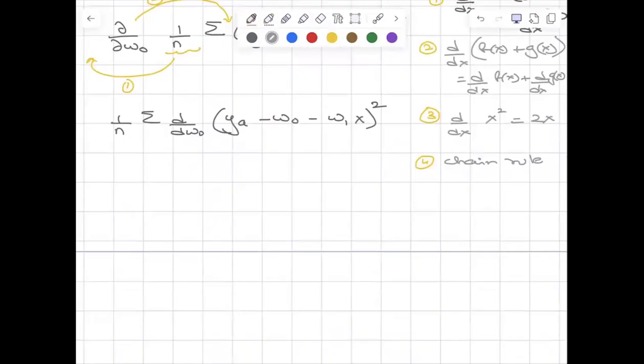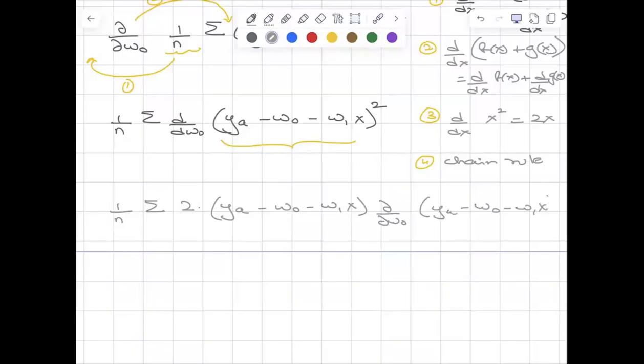Okay, so what I get is 1 by n summation. If I look at this guy, right? I can say this is kind of like x squared, right? So what is the derivative of the square? It is 2x. 2 times (ya minus w naught minus w1 into x) into, now I take the inner thing and I take its derivative, right? So the partial derivative with respect to w naught of (ya minus w naught minus w1x).